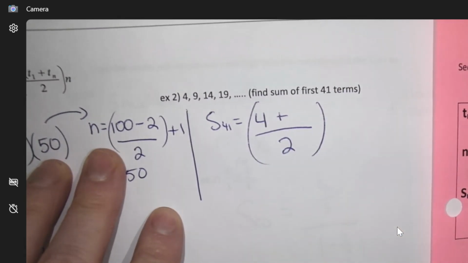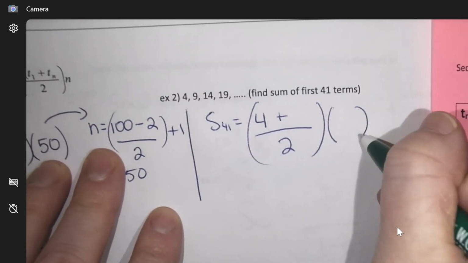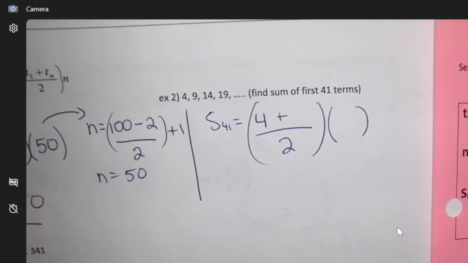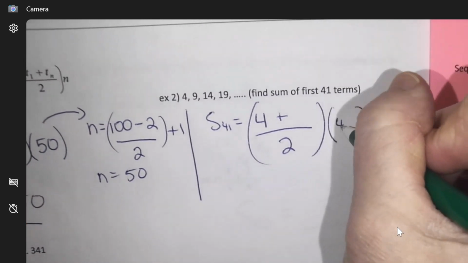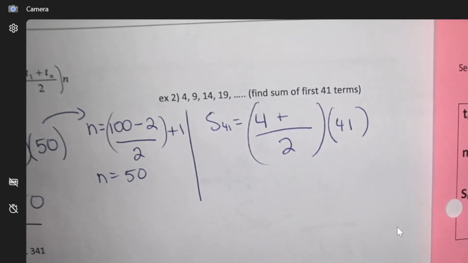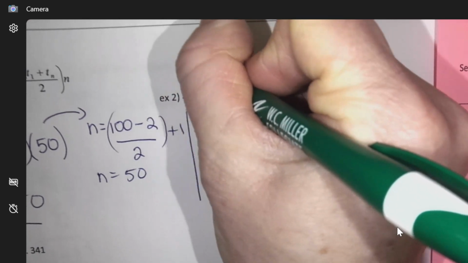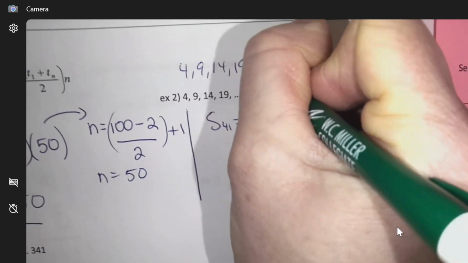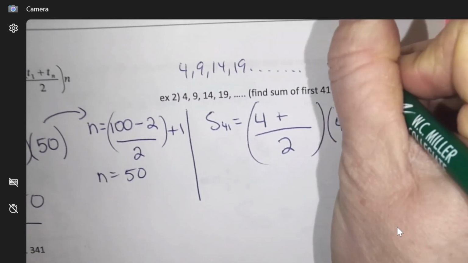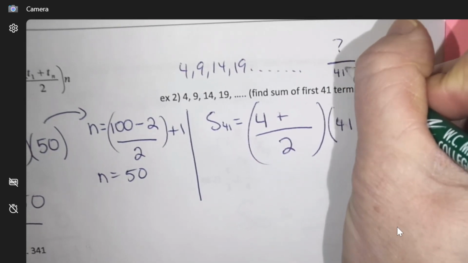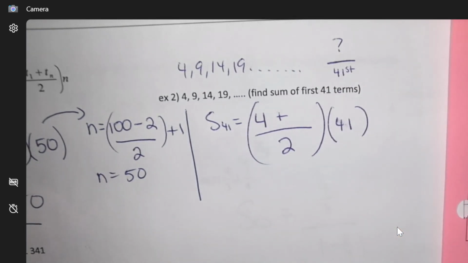Divided by 2, times the number of terms, the number of positions, which is 41 positions. Okay, but I don't know the 41st term. That's what I'm trying to get first.